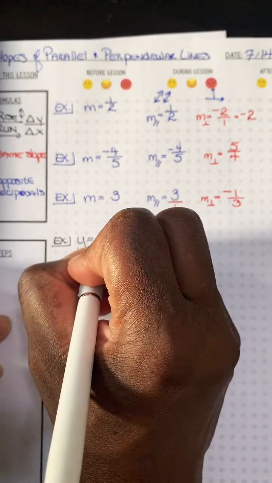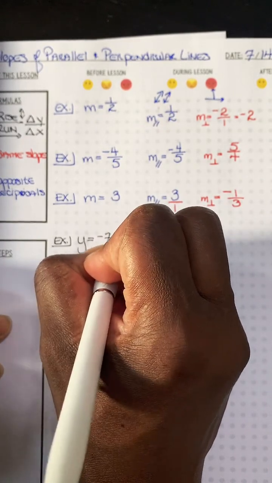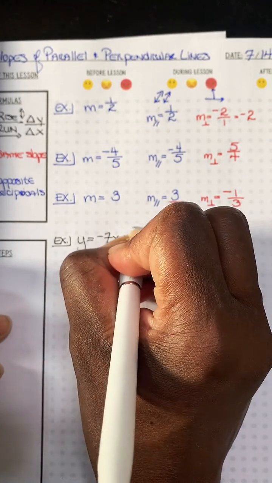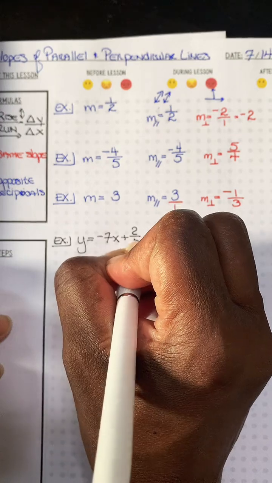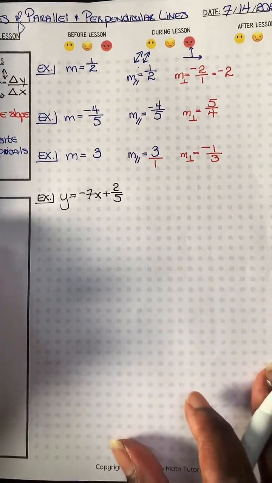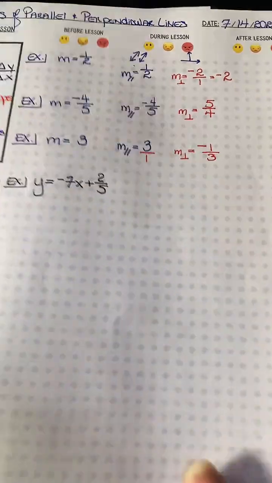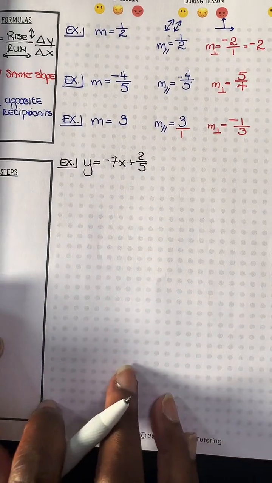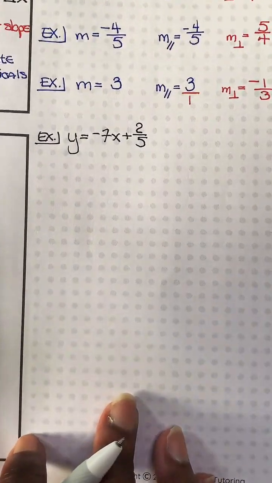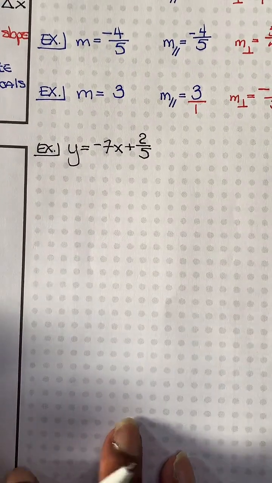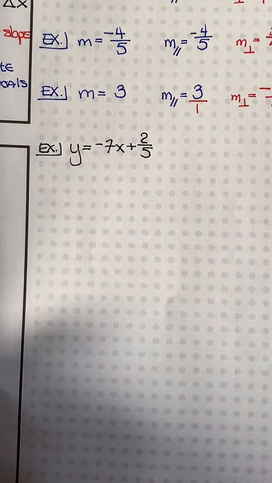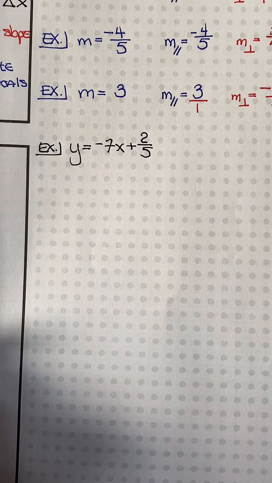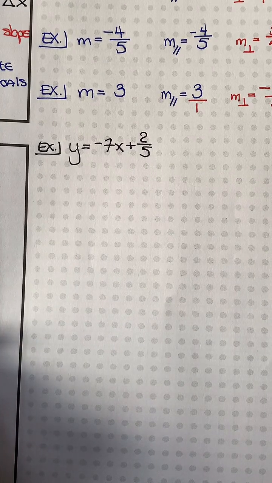So we have y equals negative 7x plus 2/5. And I know you see the fraction and you're freaking out. No freaking out. First off, what is my slope for this equation? Yes, there you go.